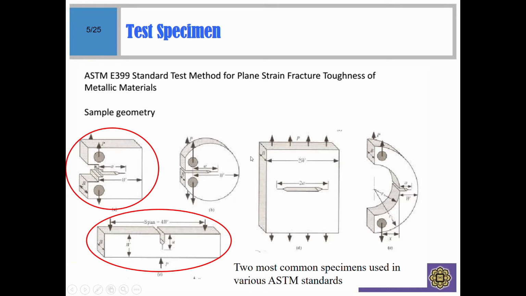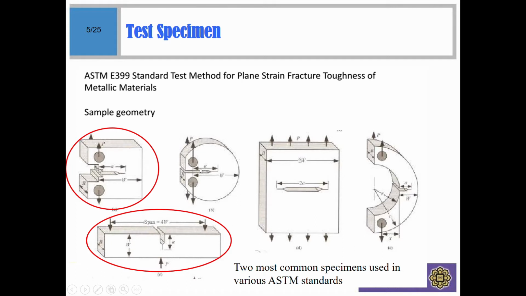This one is mostly a circle, but they cut it here, and then you can see the other specimen. But the one that we're going to check has the parameters A, W, B, P, and so on.